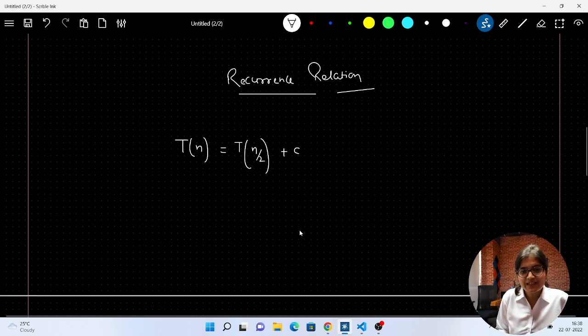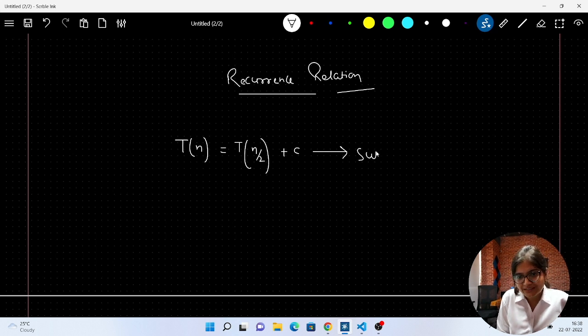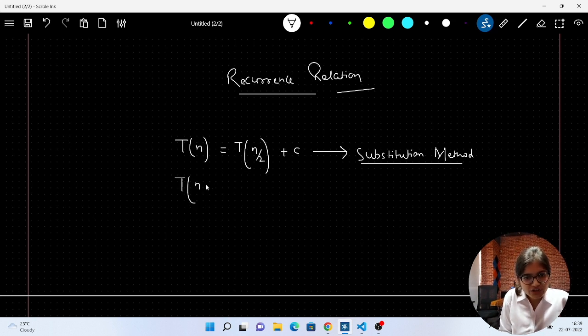Now you can solve this recurrence relation by any method. I will show you how we can solve it with the help of the substitution method. In the substitution method, we try to substitute that recursive part. If I ask you the value of T of n by 2, you will say just substitute it.